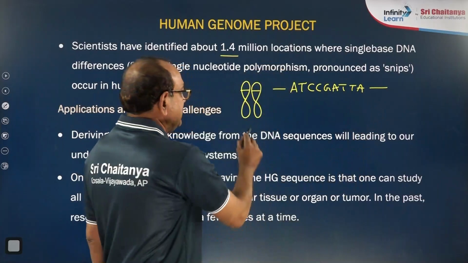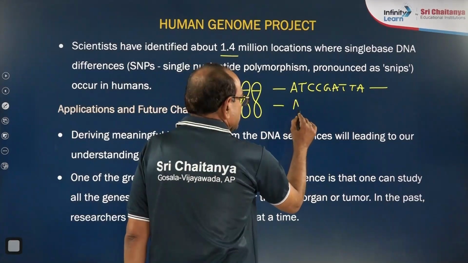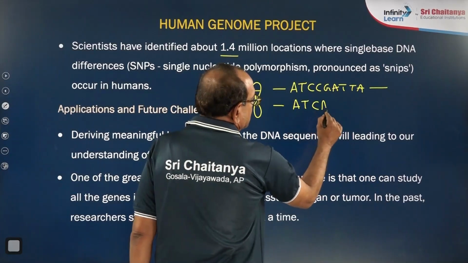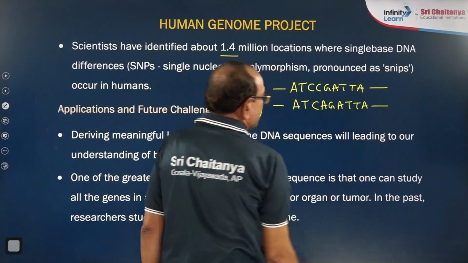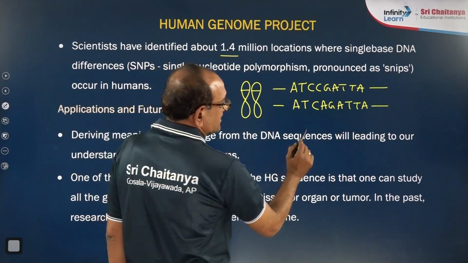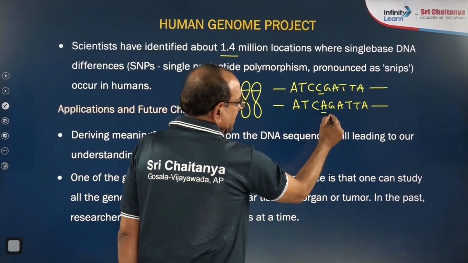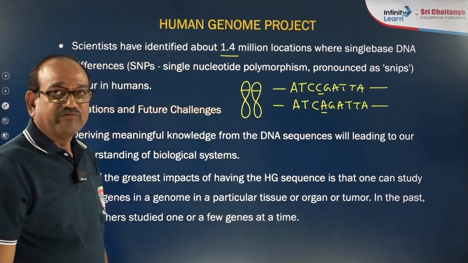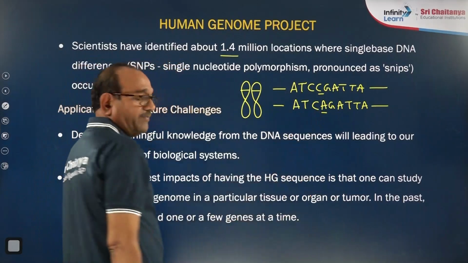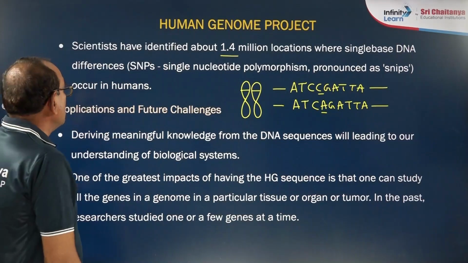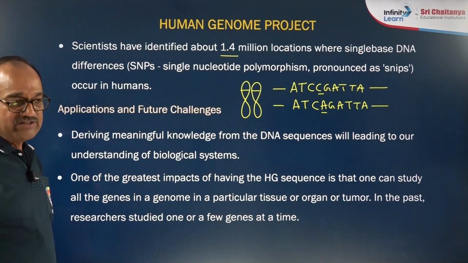If you take the DNA from the same locus from a different person, it is almost like this. If you compare, the difference is only at one nitrogen base. Instead of C, it is A. This type of polymorphism is called SNP, a single nucleotide base pair difference. There are 1.4 million loci identified in our genome.